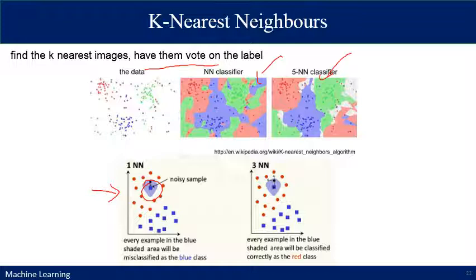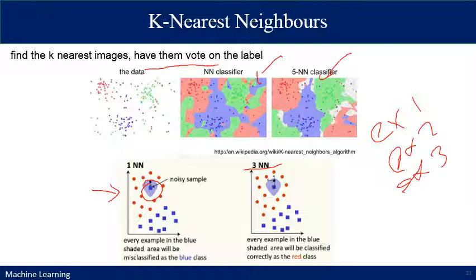Therefore, you will be bound to classify that example as blue based on the nearest neighbor assumption. However, if you employ the voting classifier and pick three nearest neighbors, that means you will find the three nearest examples, for example, example 1, example 2, and example 3, and let those examples vote for the predictable example.